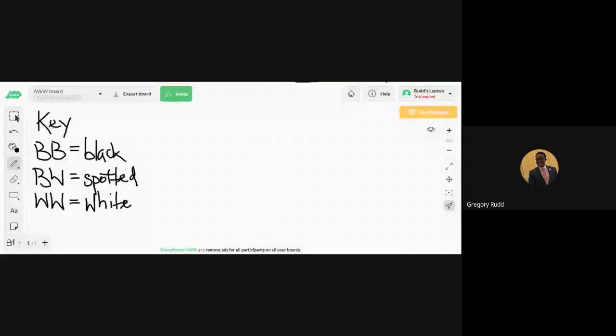What should I draw next? Box. Yes, I got to draw my actual box. My Punnett square.